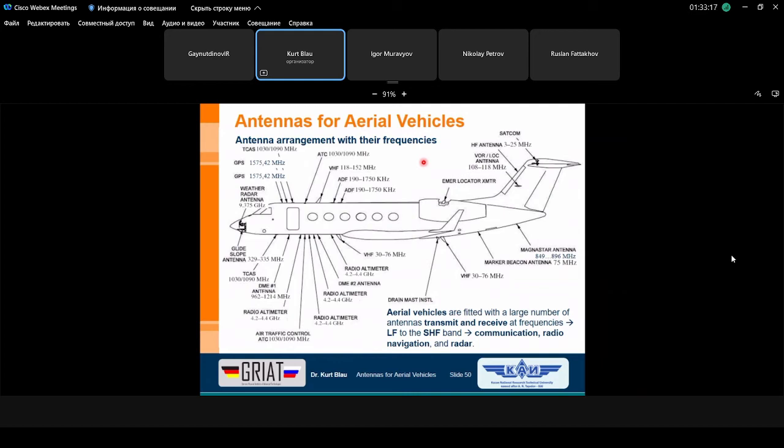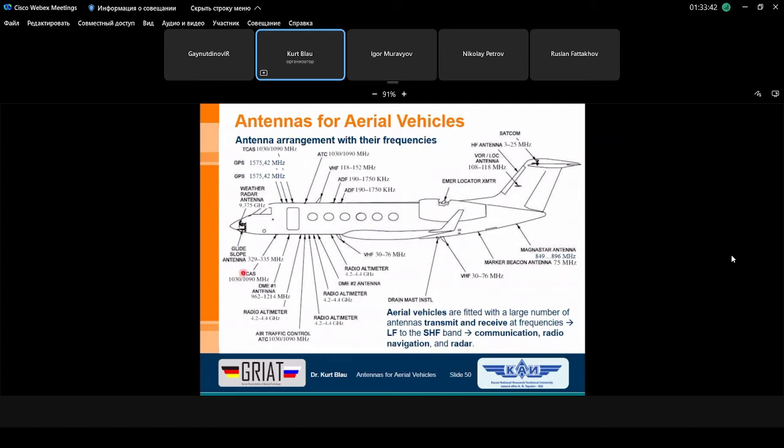You can see a lot of very different radio services localized at very different frequencies. And this is all necessary for the companies which have aeroplanes in their service.